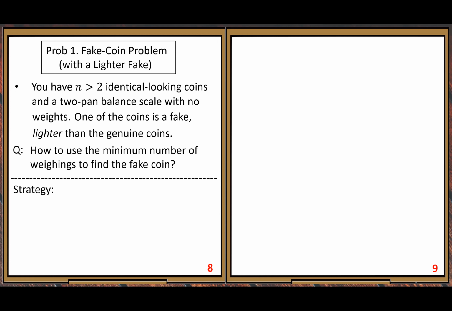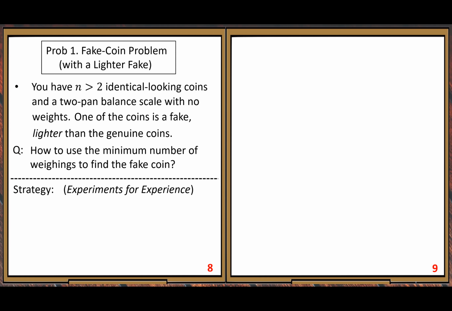The first strategy is very simple, but you may not be aware of it: experiments for experience. We need to do some experiments, otherwise we have no idea. We need to have some experience to inspire our thinking.